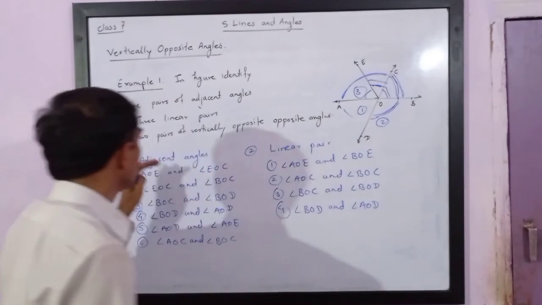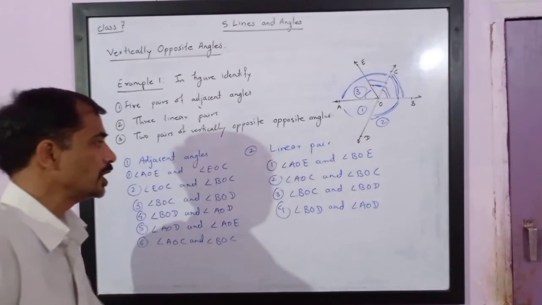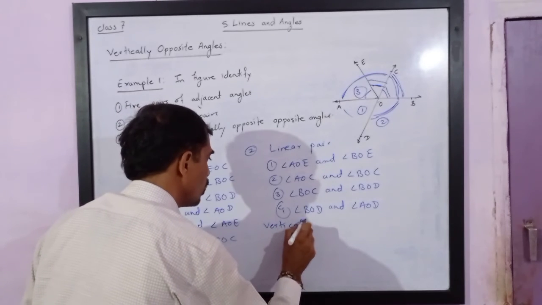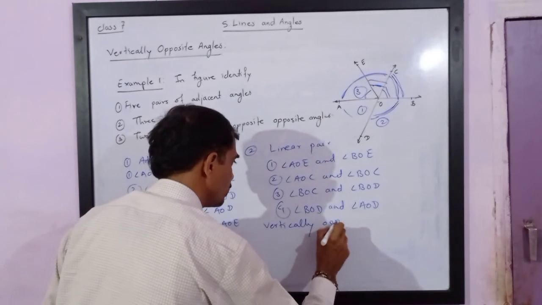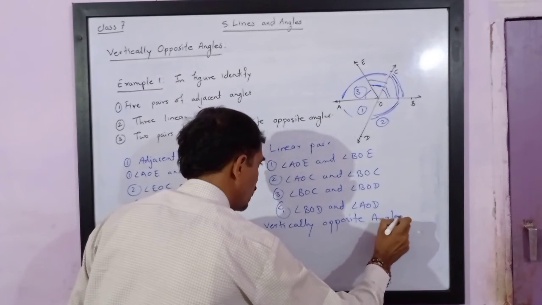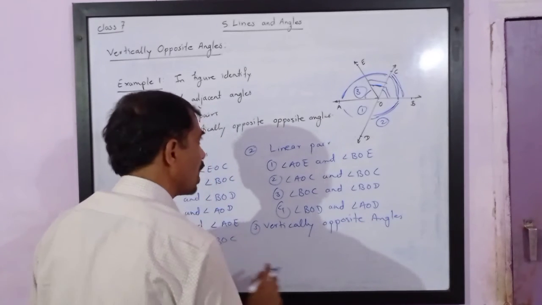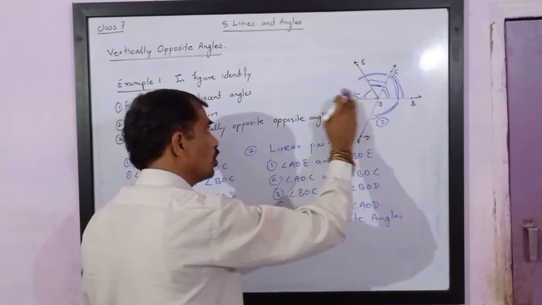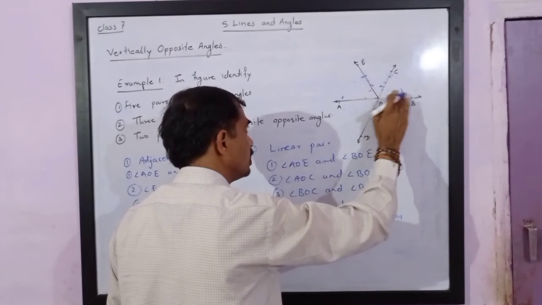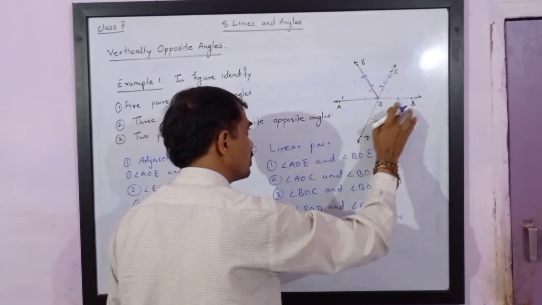Now next is two pairs of vertically opposite angles. This is the third part asked of us. You can notice if two lines intersect, then we get vertically opposite angles.